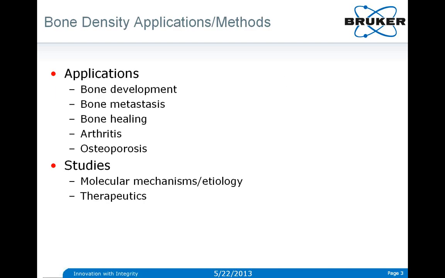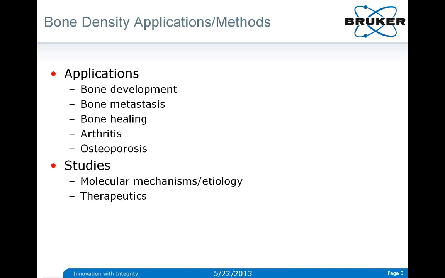So there are several preclinical applications where bone density measurements are made. These include bone development, bone metastases, bone healing, arthritis, and osteoporosis. And there are specific animal models that have been developed in each of these disciplines for making preclinical analysis.